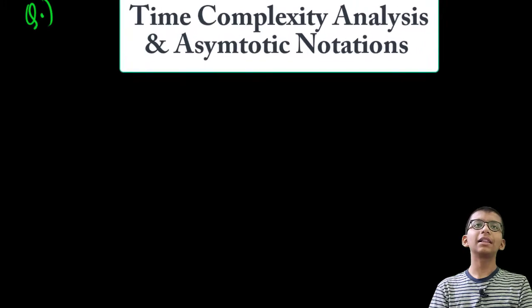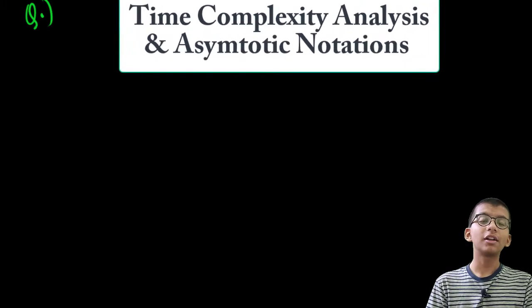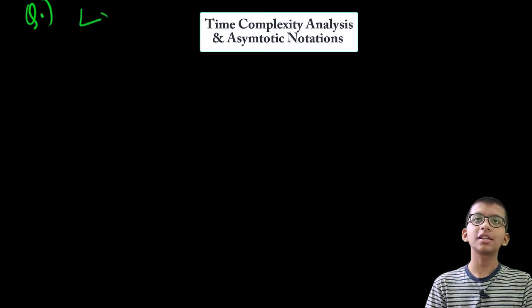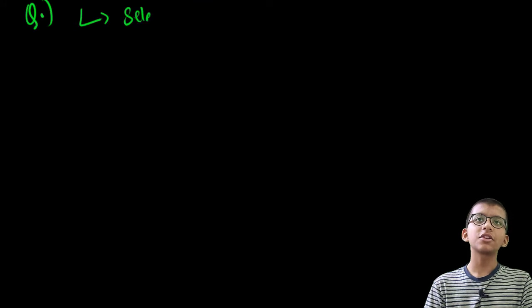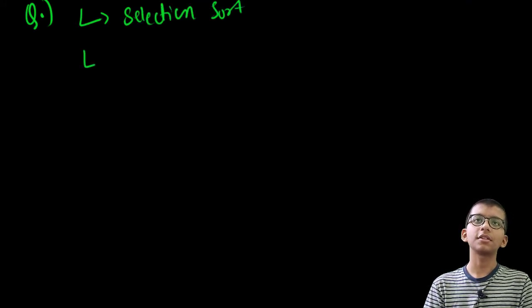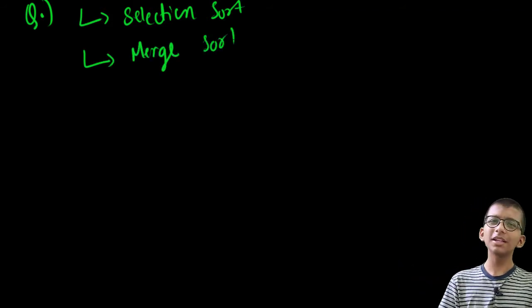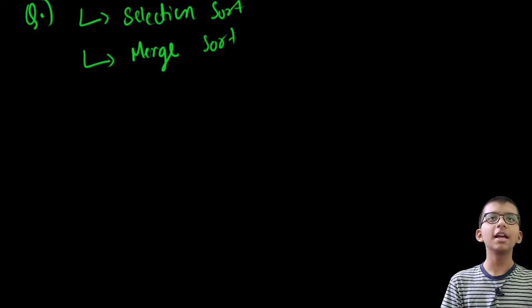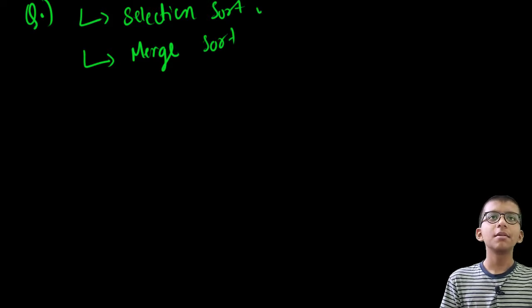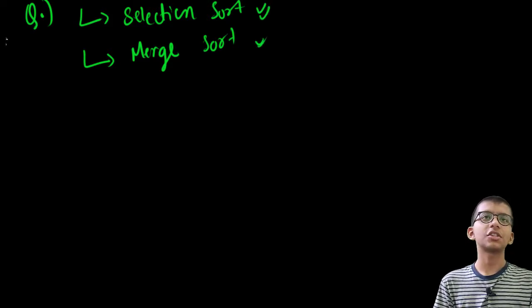The reason why we care is, let's say you are given a lot of algorithms. In sorting algorithms, you have a selection sort and you have a merge sort. Let's take these two algorithms, merge sort and selection sort.